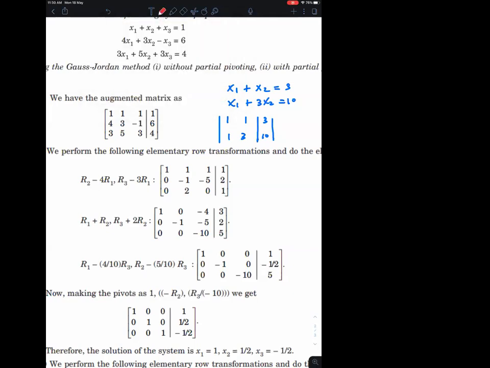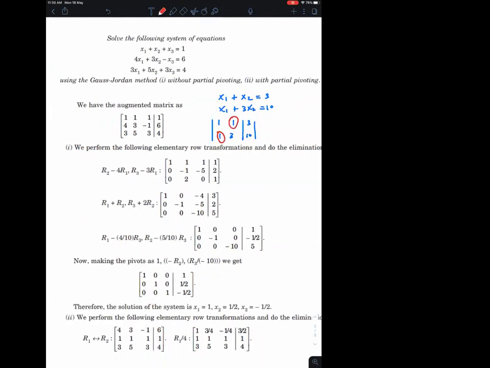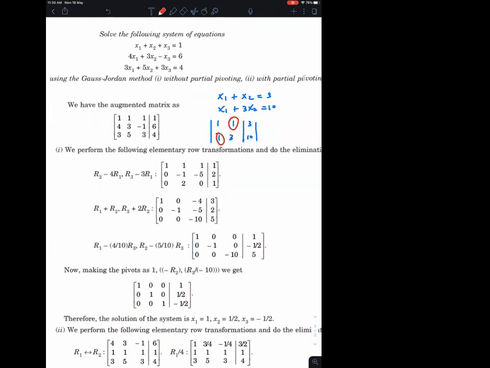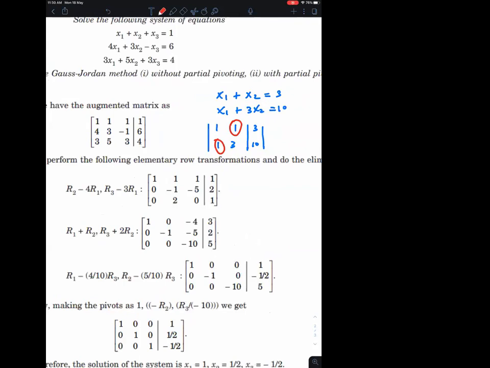If you get a 2 by 2 matrix, it will be much easier to solve, isn't it? If you get a 3 by 3 matrix, then you have 3 terms that you must make go to 0, and then you have another 3 entries here that you must make go to 0.